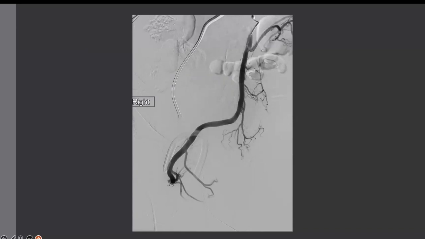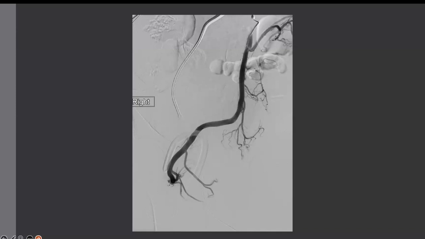People like to use the term hepatofugal as opposed to hepatopetal flow, which is the correct or normal way. One of my attendings in residency used a mnemonic for that I still use, which is hepatofugal is futile. It's bad, basically. So that's when it's reversed.